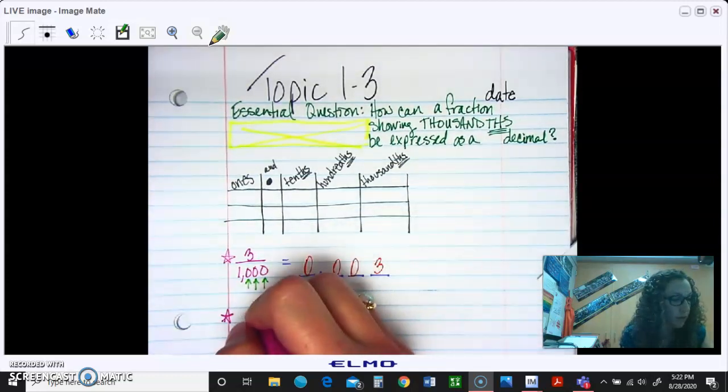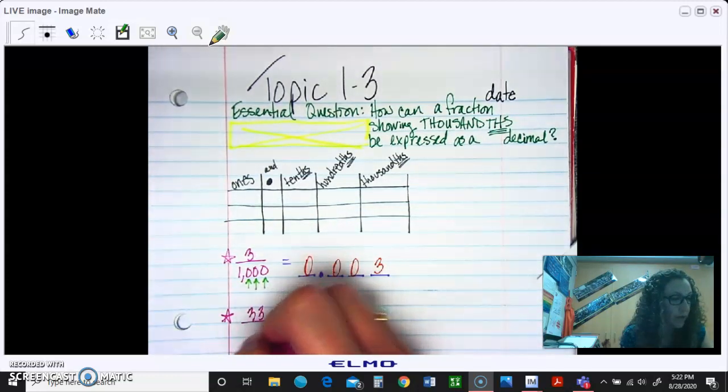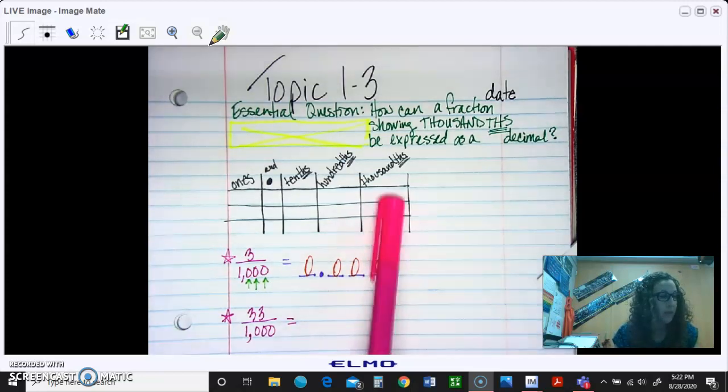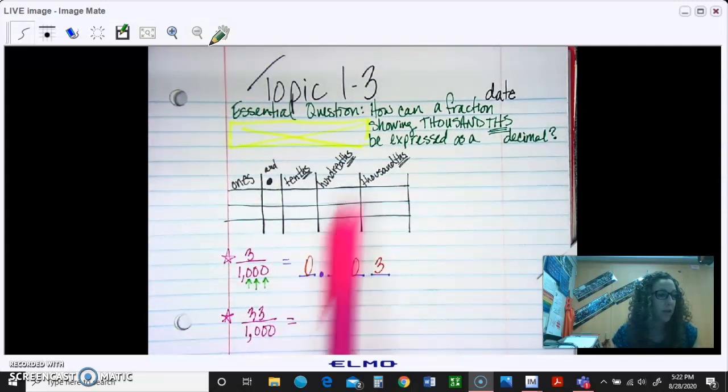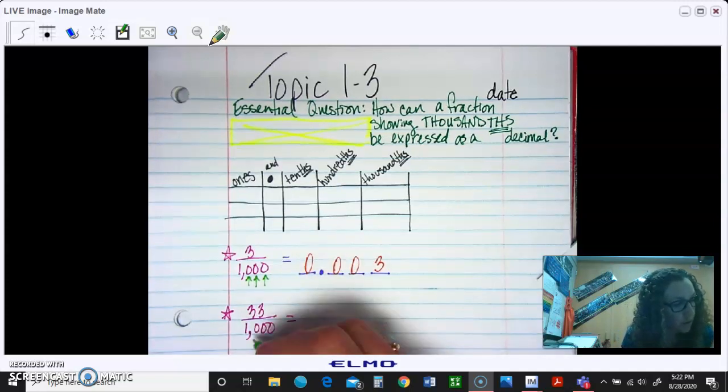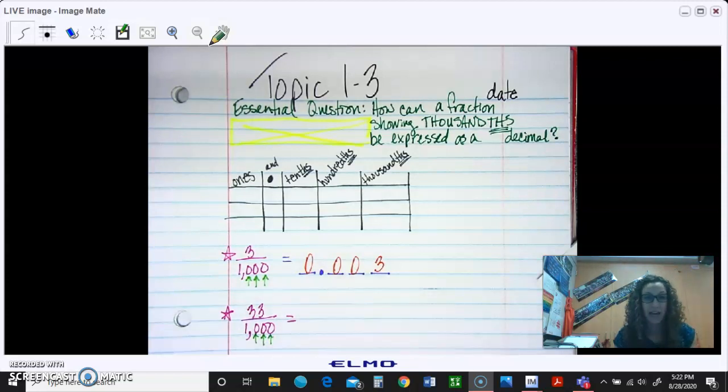Okay, we're gonna go with 33/1000ths. So how would that look as a decimal? Think about what we just did. Think about this chart. If you want to take that and put it in the chart, go for it. So we have 3 zeros in our number of 1000.